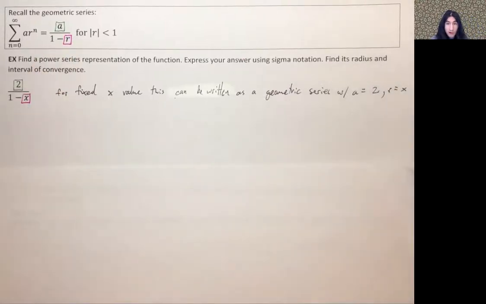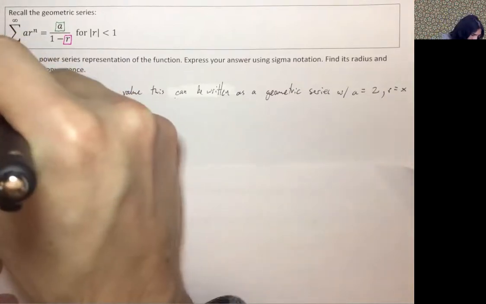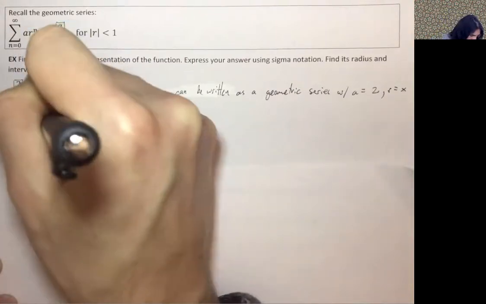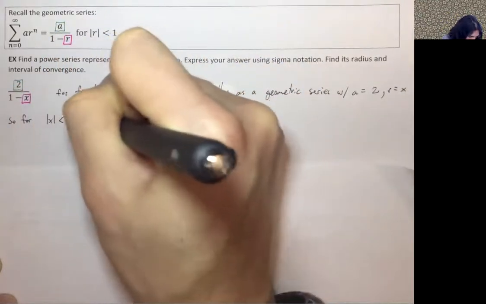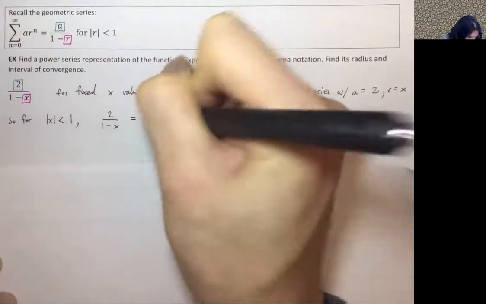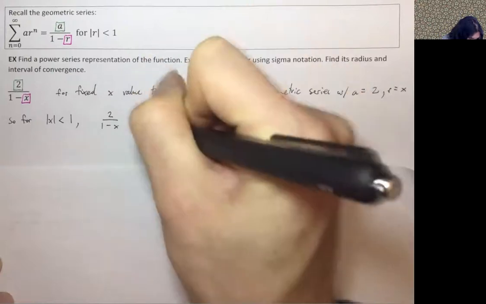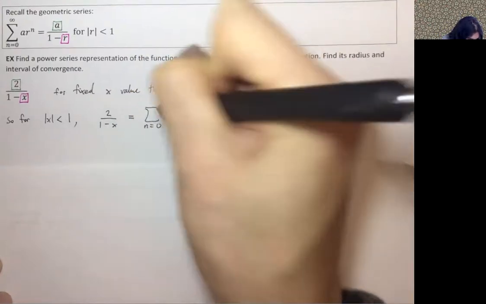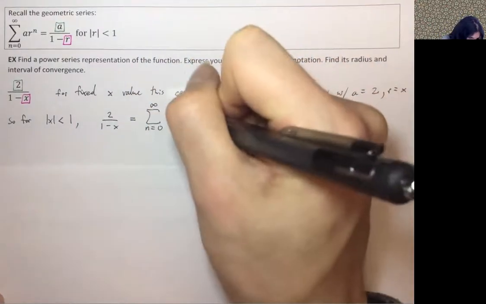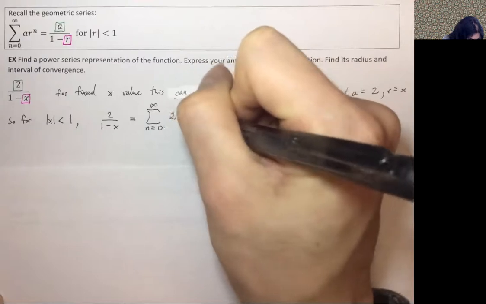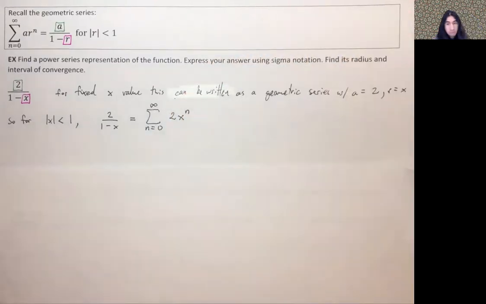So for an X value, absolute value of X that's less than 1, our function would equal sum from n equals 0 to infinity of A times R to the n. Okay?